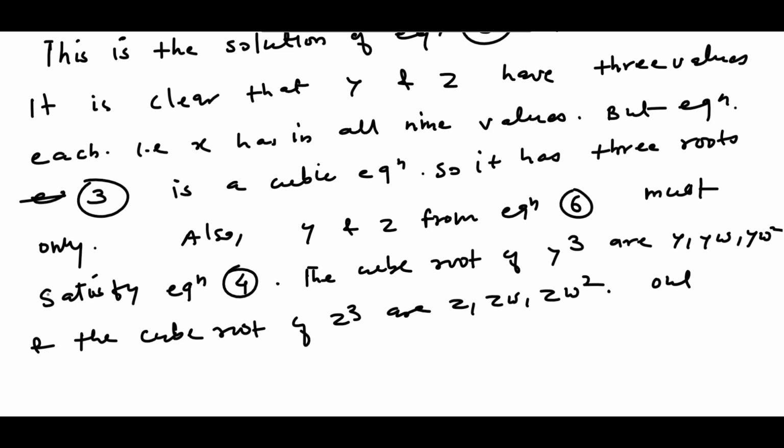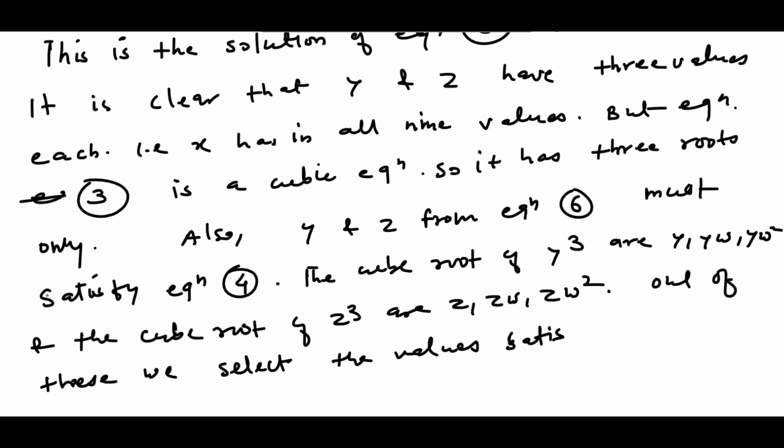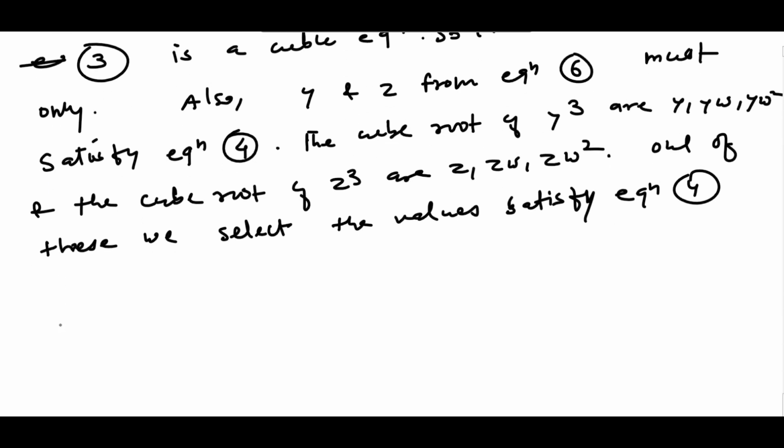So out of these 9 roots, we select the values that satisfy equation 4, and which are, so that pair will be what?